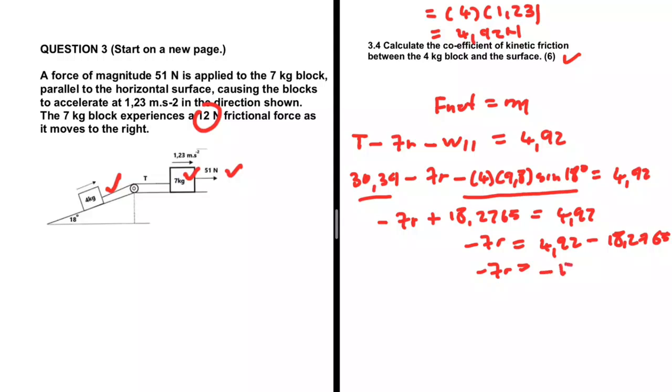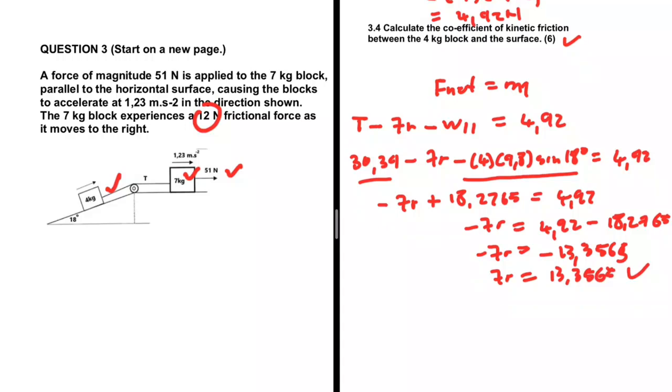This is minus 13.3565. And just like that, we have the frictional force. Now that we have the frictional force, we can go ahead and try calculating the coefficient. It should be an easy task when we have the frictional force.